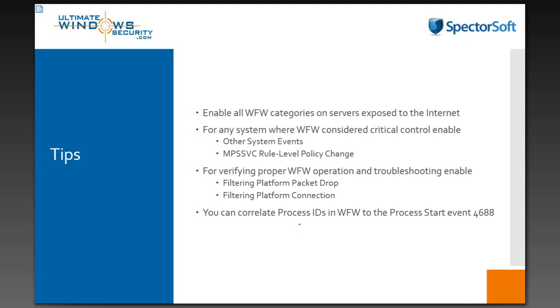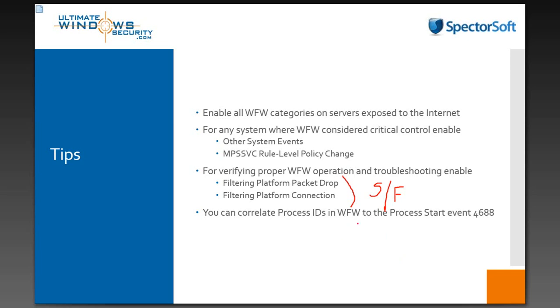What about for verifying that the firewall is actually blocking packets and allowing packets? What about for troubleshooting? Well, that's when you get into the filtering platform, packet drop, and connection. And remember to separate these by success and failure. That can be very useful there, depending upon what your particular audit situation is.